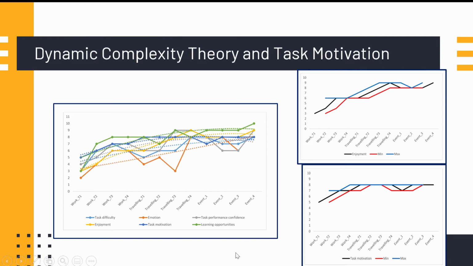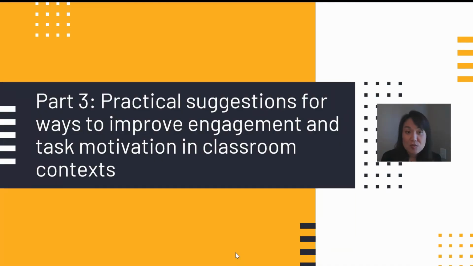So I think when we conduct a task motivation study, it would be wise to conduct a longitudinal study. It doesn't have to be one semester, but at least a systematic implementation of certain types of tasks using certain implementation factors. Okay.